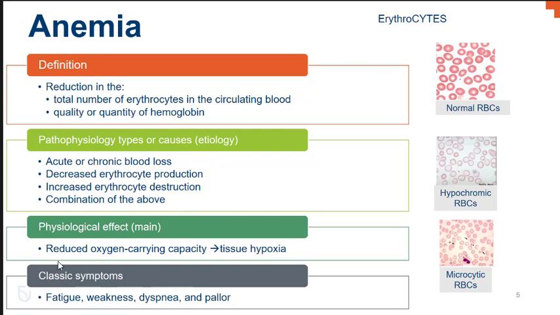Now, the main physiological alteration or effect of anemia is going to be this reduced oxygen carrying capacity and therefore tissue hypoxia. So if we don't have enough red blood cells, or if we have something wrong with our hemoglobin and we can't carry enough oxygen to our body, that being 1 billion oxygen molecules per red blood cell, and there are tons circulating throughout the body at any given time.